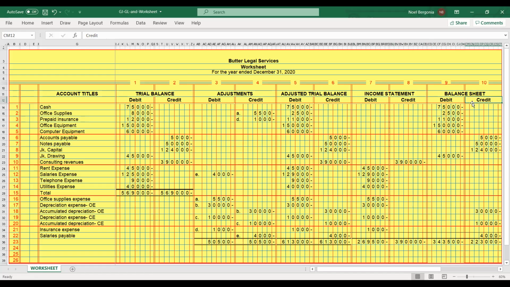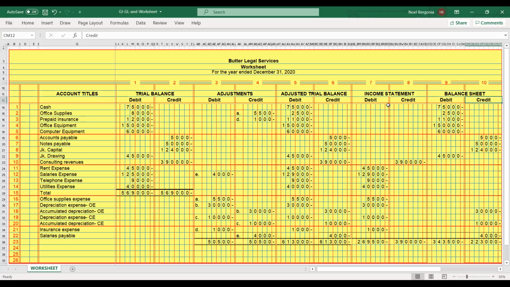Kung naalala nyo kanina doon sa theoretical discussion ng worksheet, merong nag-flash dun sa screen na last step, which I did not explain further kasi gusto kong makita nyo dito. That the difference between the debit and credit would be the determination of whether there is a net income or net loss. Okay?